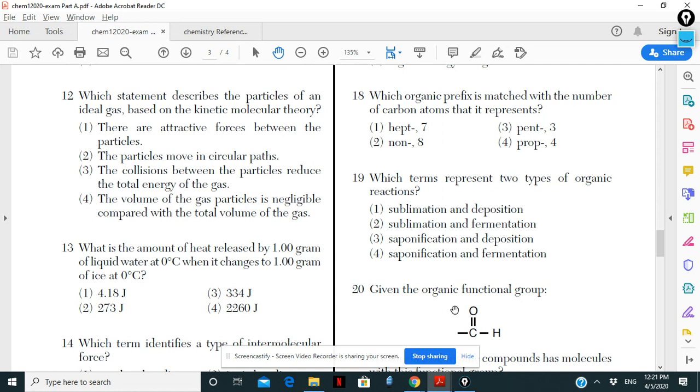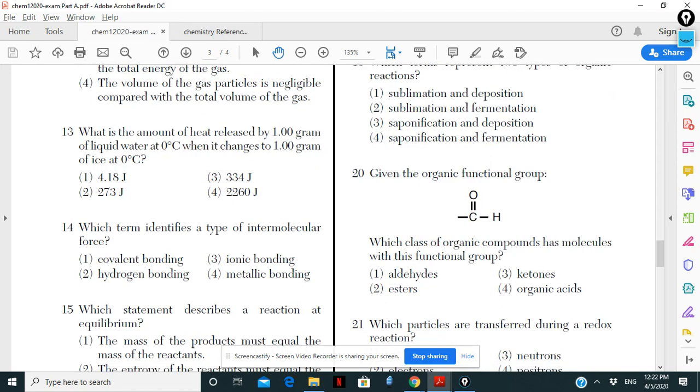So I eliminated by identifying the character of the properties. When I talk about sublimation, that's a physical property, and when I talk about deposition, that's a physical property. Fermentation is chemical, but it's associated with sublimation, which is physical. Saponification is chemical, yes, but deposition is physical. At the end, saponification and fermentation are chemical reactions.